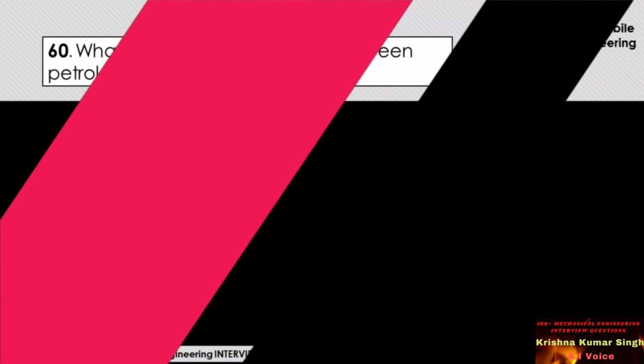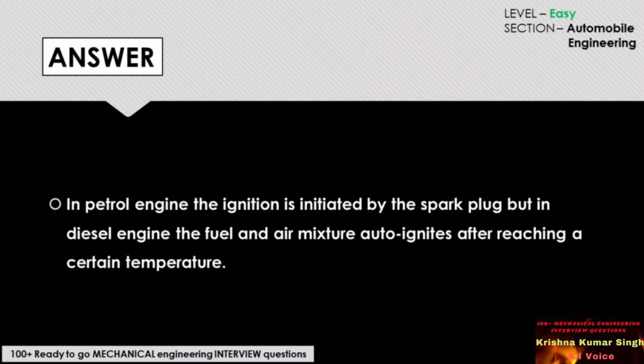The answer to this question would be, in petrol engine, the ignition is initiated by the spark plug, but in diesel engine, the fuel and air mixture auto-ignites after reaching a certain temperature.